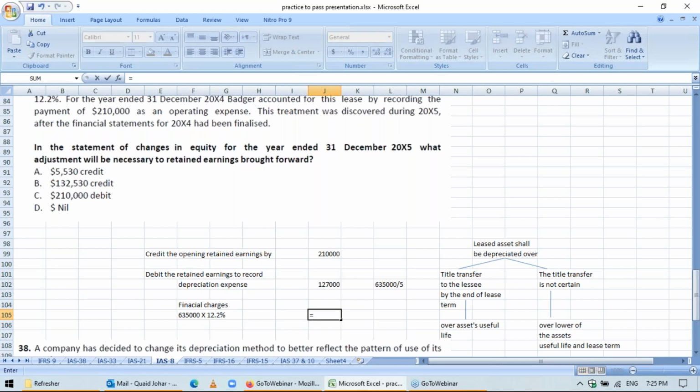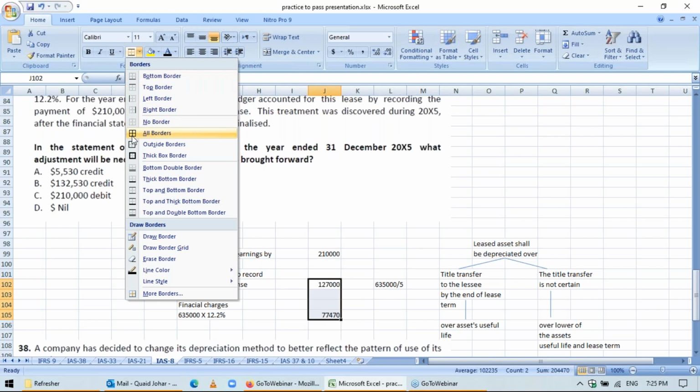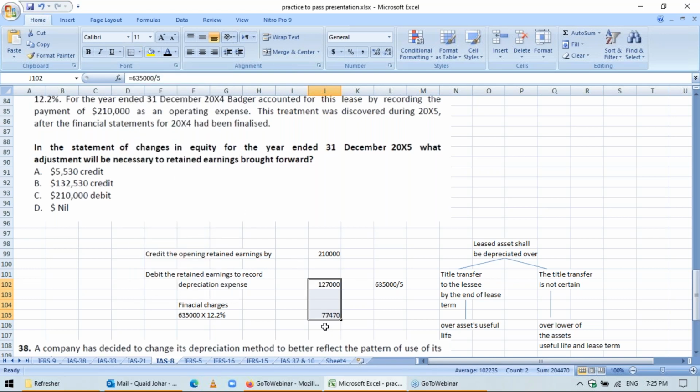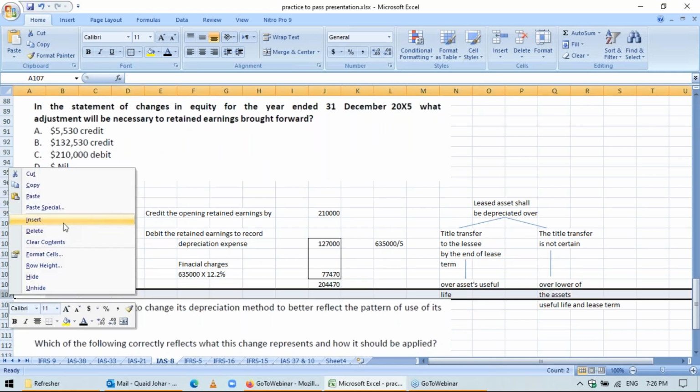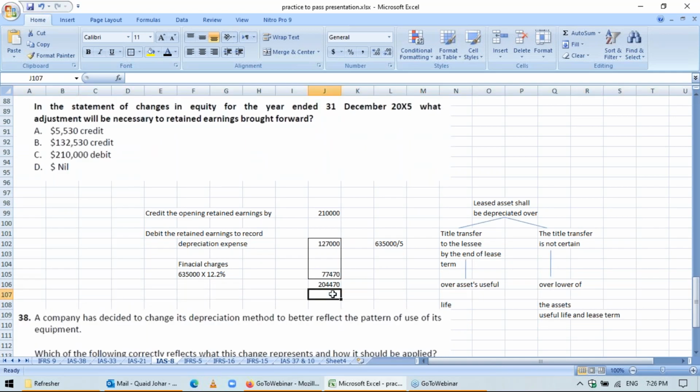This makes 12.2%, 77,470. So total debit in the previous year will be 127,000 and 77,470. And the credit will be of 210,000.